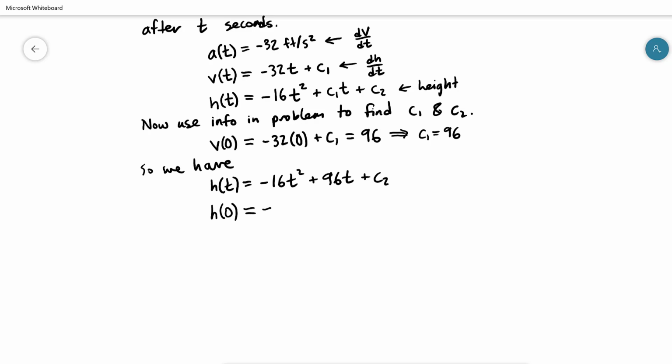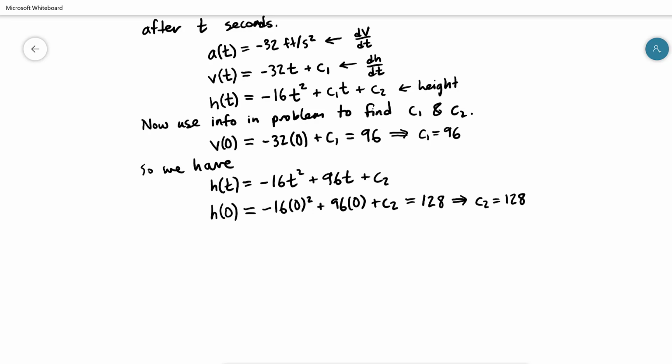So plugging this in, I'm going to get negative 16 times 0 squared plus 96 times 0 plus c2. All I've done is plug in 0 everywhere that t showed up, plus c2, and that's supposed to be equal to 128 feet. So it's 128 feet above ground. Again, easy to solve. Those first two terms are both 0, and I just get that c2 is equal to 128.